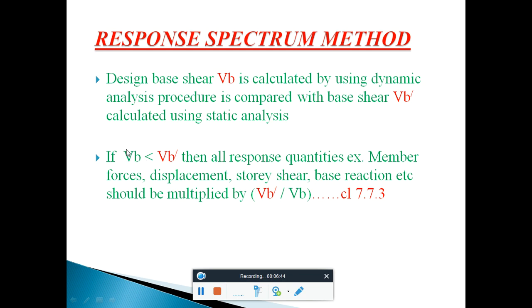If VB by dynamic analysis is less, then all the response quantities like member forces, displacement, story shear, base reaction and so on, you should multiply by this ratio: base shear by static divided by base shear by dynamic. This is the codal provision. You can find it in clause 7.7.3 of IS 1893.